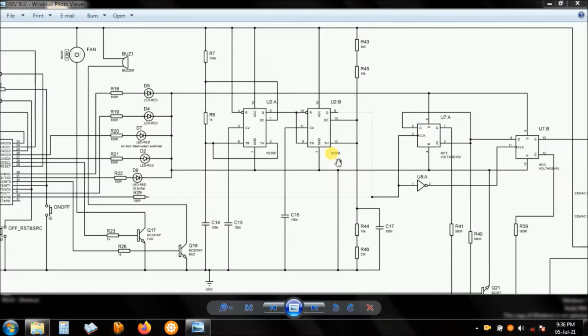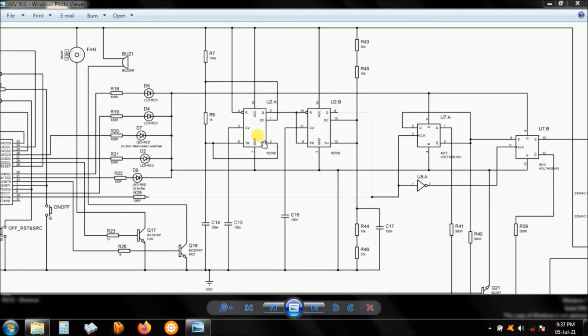Right. Here is a description of how you can get low pulses or high pulses, as I was describing, using the NE556 timer. As I have explained previously in my old videos on solar charge controller using the 555 timer, the inside working of the 555 timer is basically comparators and latches.